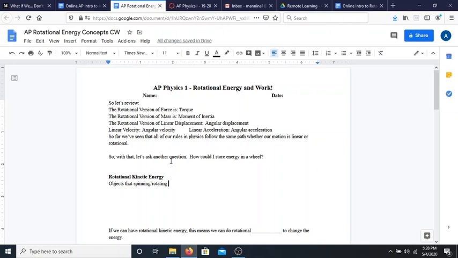And we were talking about how much it hurt. In this case, you can think about it as, if I took that wheel that was spinning and pushed it on you, you talk about the pain that you would feel as it scraped against your arm. So it's the same idea. Objects that are spinning or rotating are clearly moving, and therefore have kinetic energy. In this case, rotational kinetic energy.